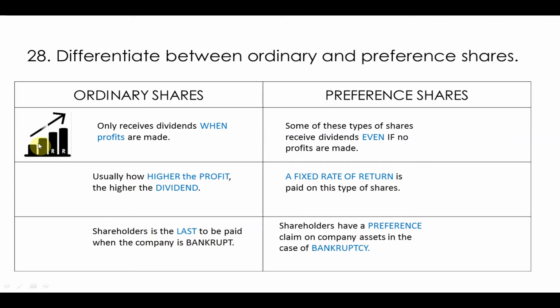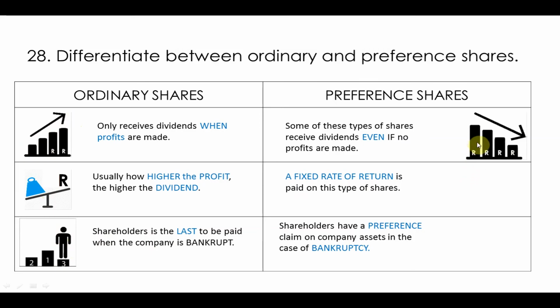Let's throw up some pictures. So as you can see here, you only get dividends when profits increase. The higher the profit, the higher the dividend. Nice little weight here. You are last, in third, nowhere. You're not going to get any money if the company goes bankrupt. And over here, these guys get dividends even if the rands are going really low, as in no profits are being made.